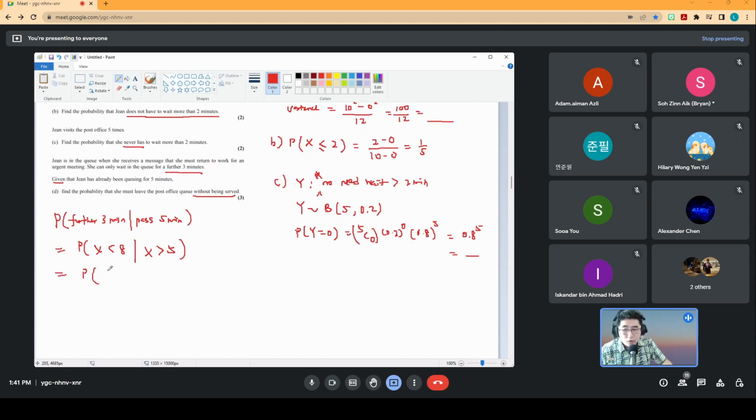So P of 5 less than X less than 8 over P of X more than 5, for conditional probability. So I will have 8 minus 5 over 10 on top and 10 minus 5 over 10 below. So I have 3 over 5.